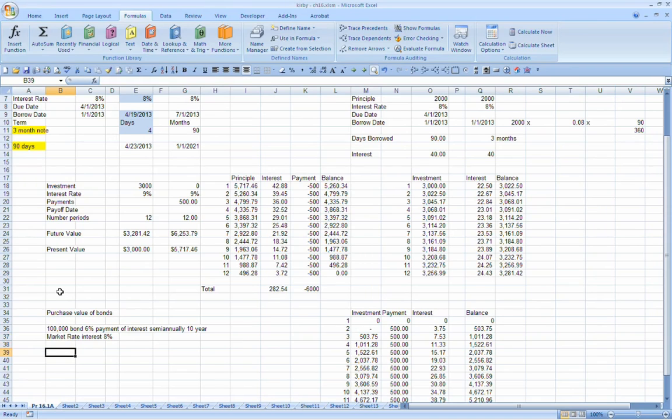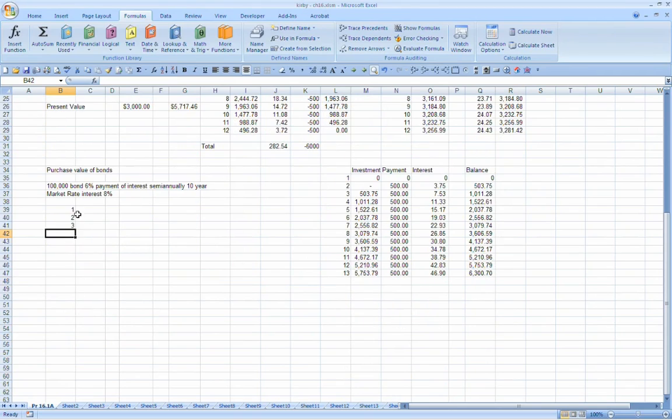Okay, so you got 1, 2, 3. Remember, interest is paid semi-annually. So this would be 6 months. And this would be 6 months. And so on.